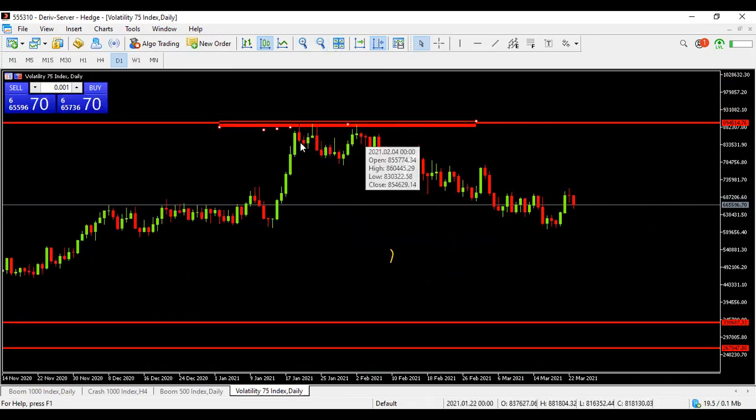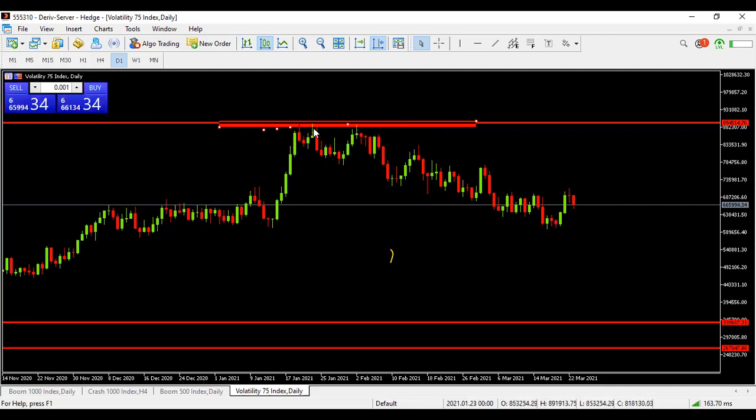Look what happened. You can call this a double top in the market. Price was coming up. It got to this point and it stopped. It came down, it went up here and it bounced back again. This shows that if you are trading and you see such kind of movement, you have to place a sell.